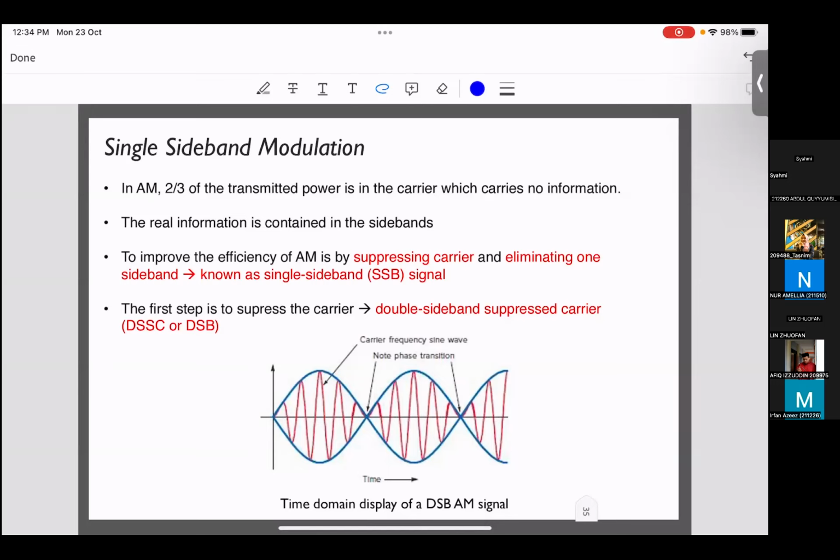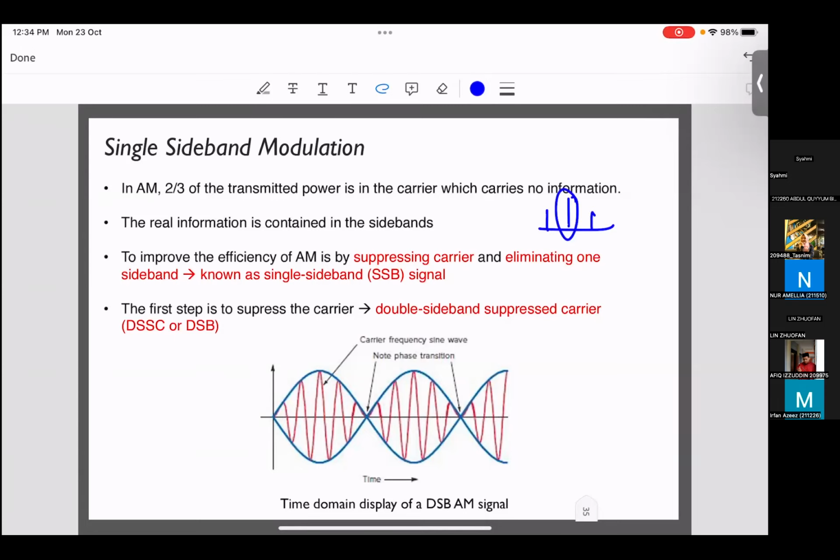So, single sideband modulation. In AM, 2/3 of the transmitted power is typically in the carrier, which carries no information. We know this. We have the sidebands, and the carrier is always higher than the sidebands, and it takes up the most power.